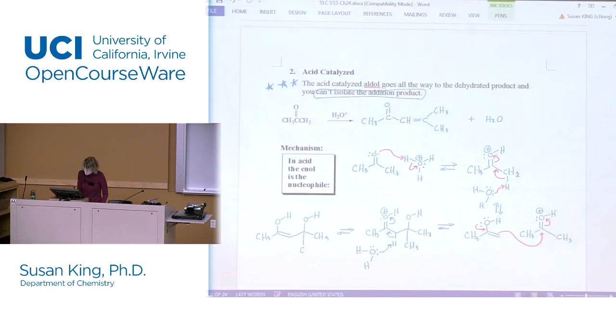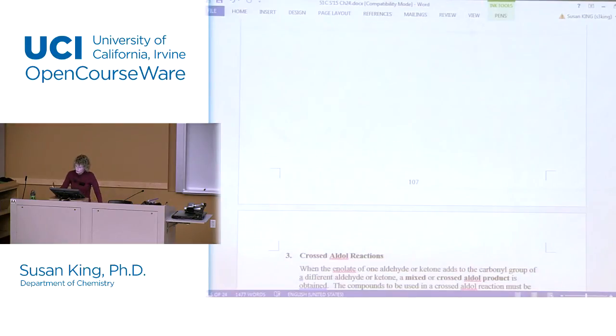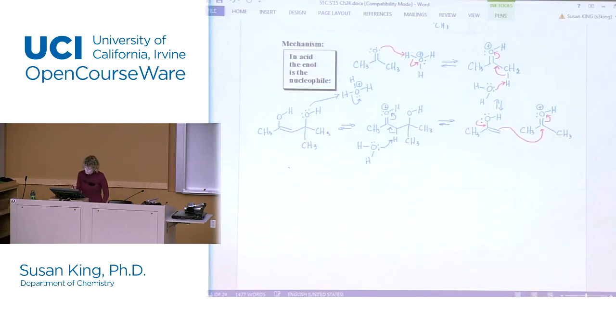Protonate them first. So I'm going to protonate that hydroxyl, make it a better leaving group. So in the acid catalyzed mechanism, we are not kicking off hydroxide, we're kicking off water. So does it look like we're ready to kick off our leaving group?